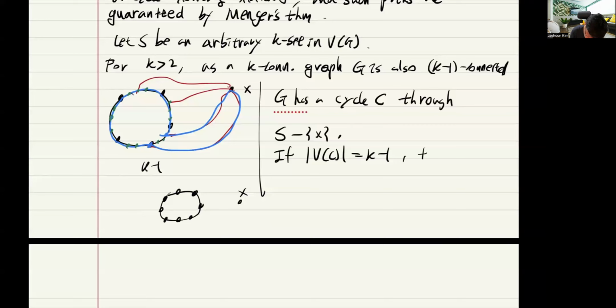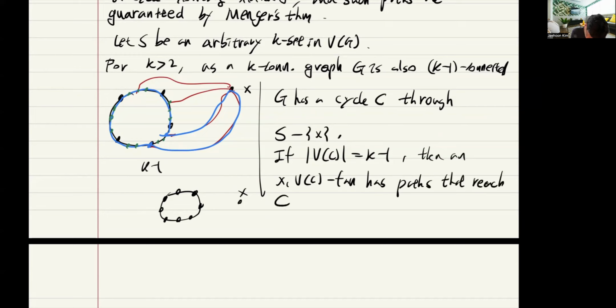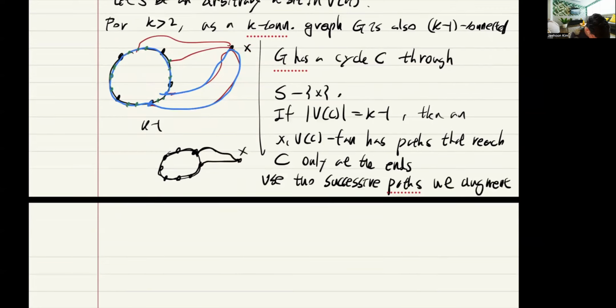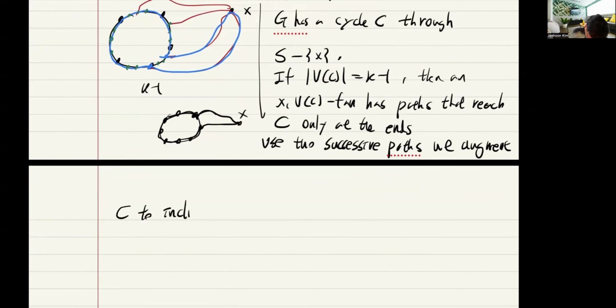Then x has a fan to C, guaranteed by the fan lemma, whose paths meet C only at the ends, and we use two successive paths. We augment C to include that.